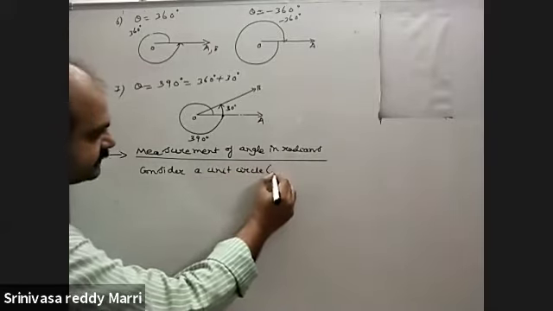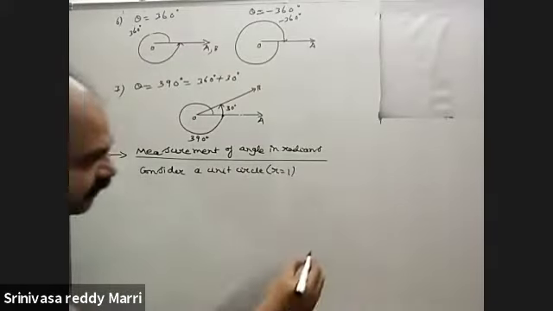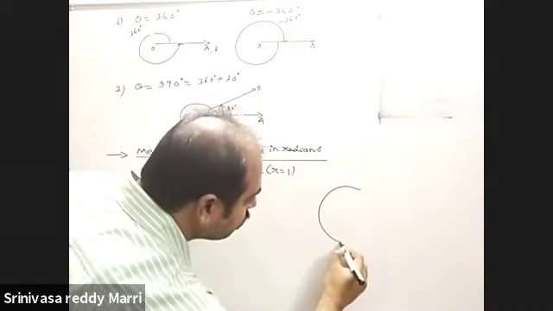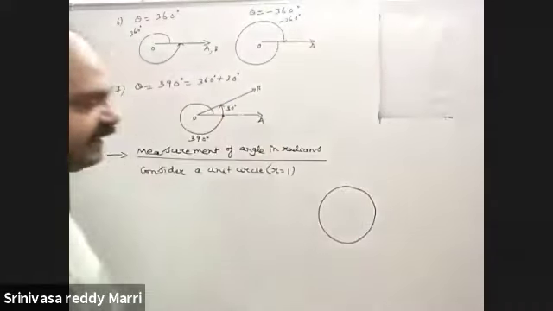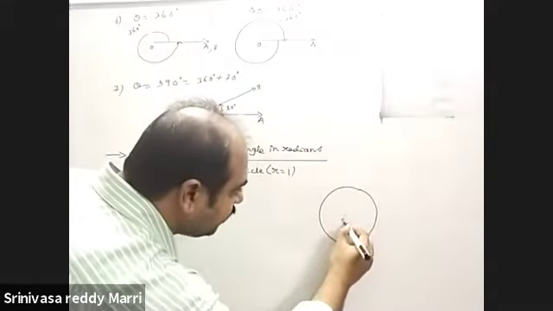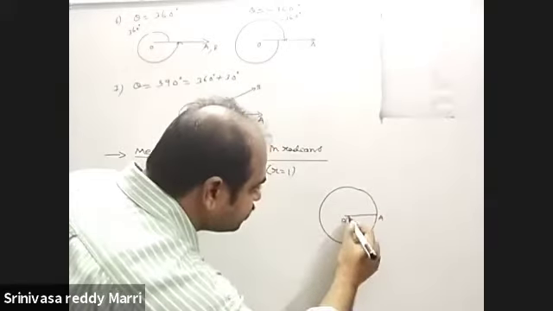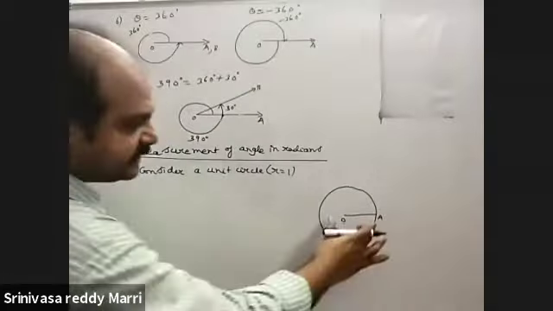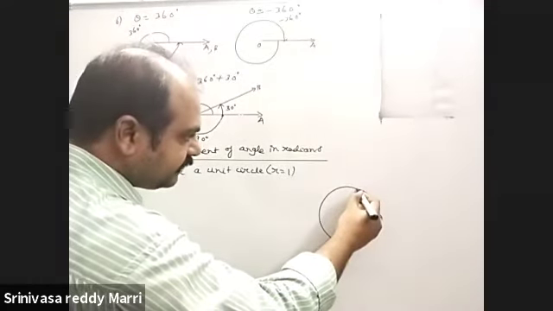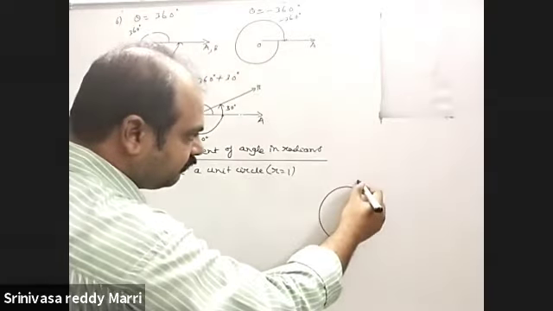Unit circle means radius equal to 1. I am drawing a unit circle, a circle having radius 1 unit. The initial side OA I am taking as one radius. Now I am taking the terminal side like this, let us say OB.